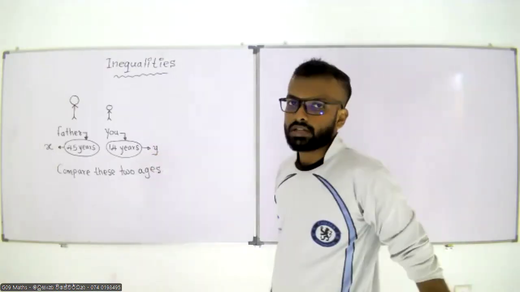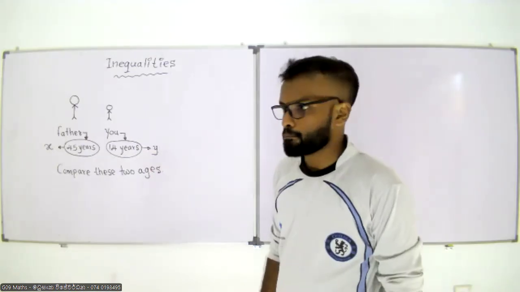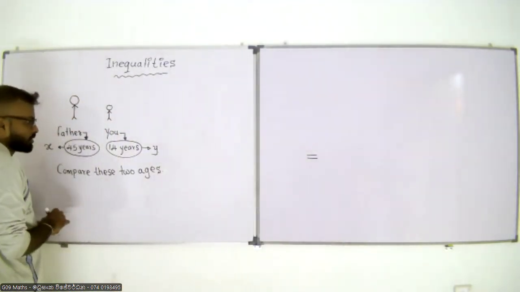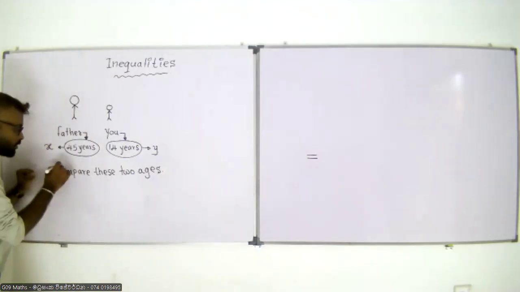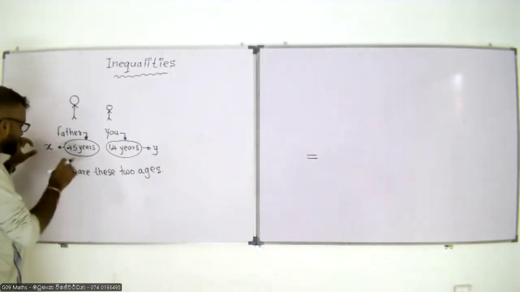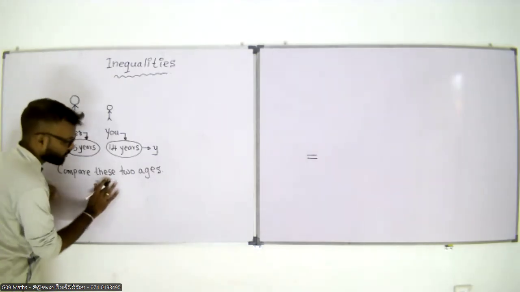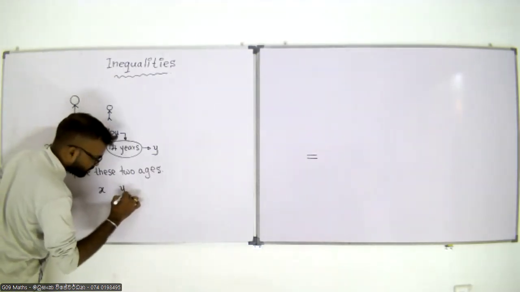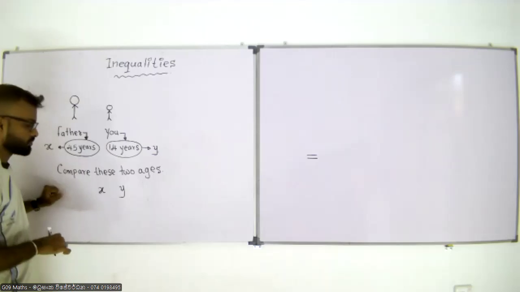Your age is 14 years old. Then how are you going to compare X and Y? When you are going to compare those two, you should write it like this.